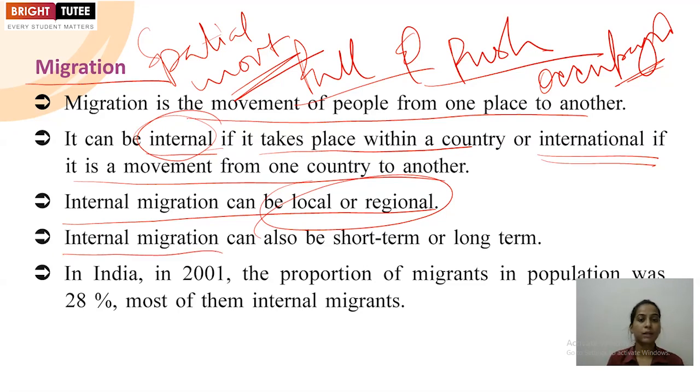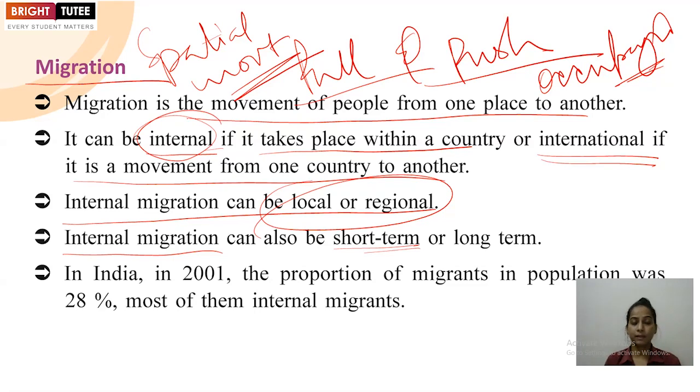Internal migration can also be short term or long term. Sometimes people move from one place to another for a shorter period of time, or it can also be a longer period of time. So both situations are possible in the case of internal migration.